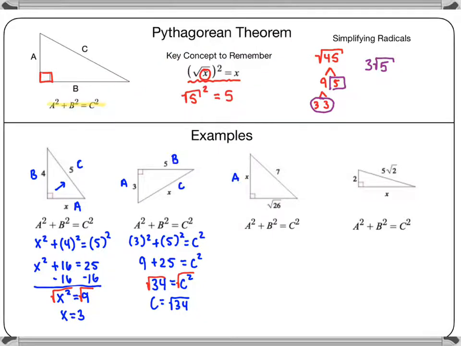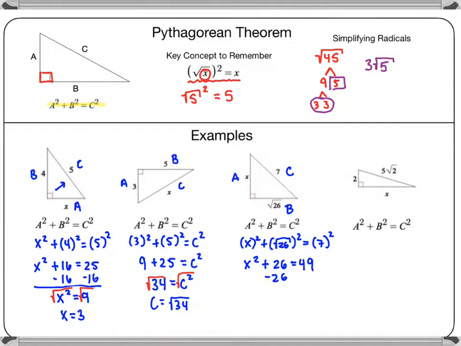I'm going to go A, B, and C and plug this in. So I end up with x squared plus the square root of 26 squared equals 7 squared. So I start to break this down. x squared plus 26 equals 49.